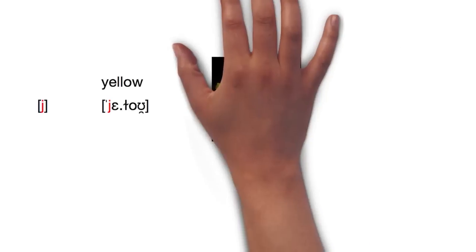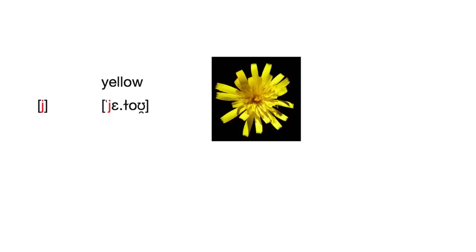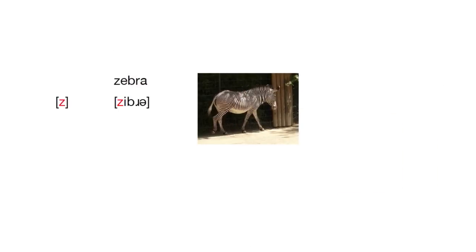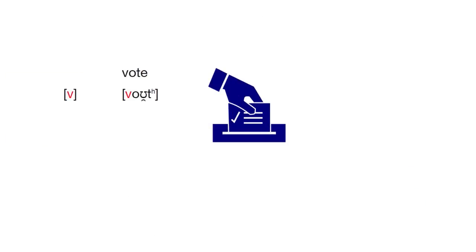Then there was y as in yellow, made with the middle of your tongue up near your hard palate, and g as in gopher, with the back of your tongue up against your soft palate. Then we talked about voicing and introduced you to z as in zebra, the voiced sibling of s, and then v as in vote, the voiced sibling of f.